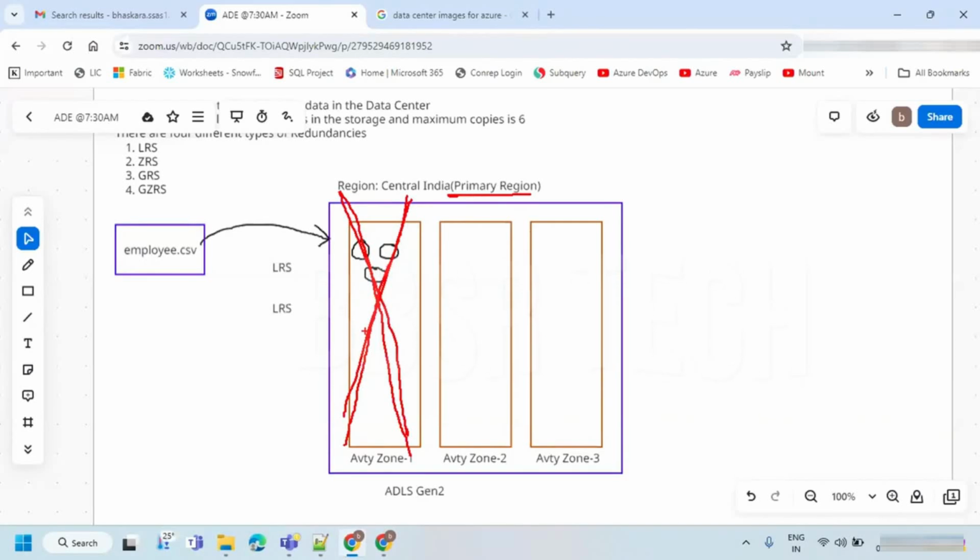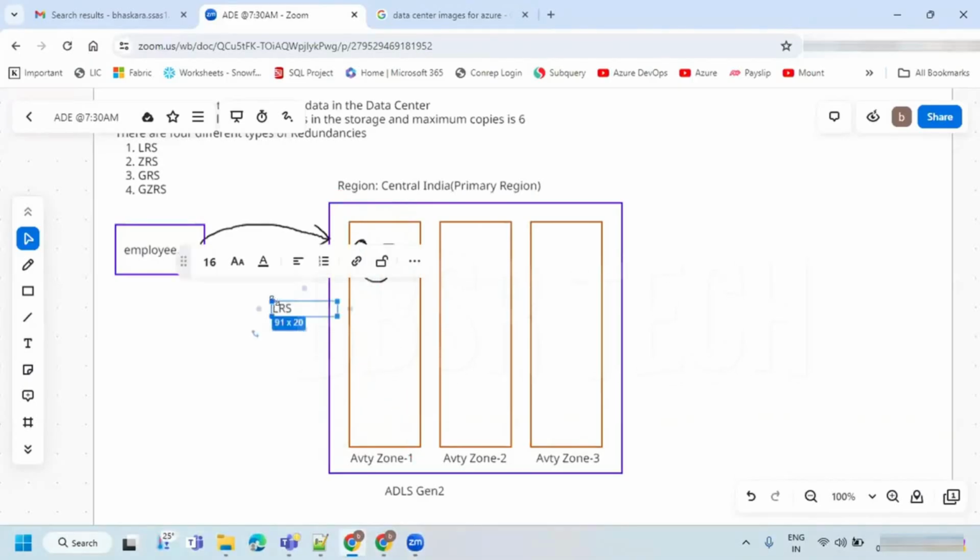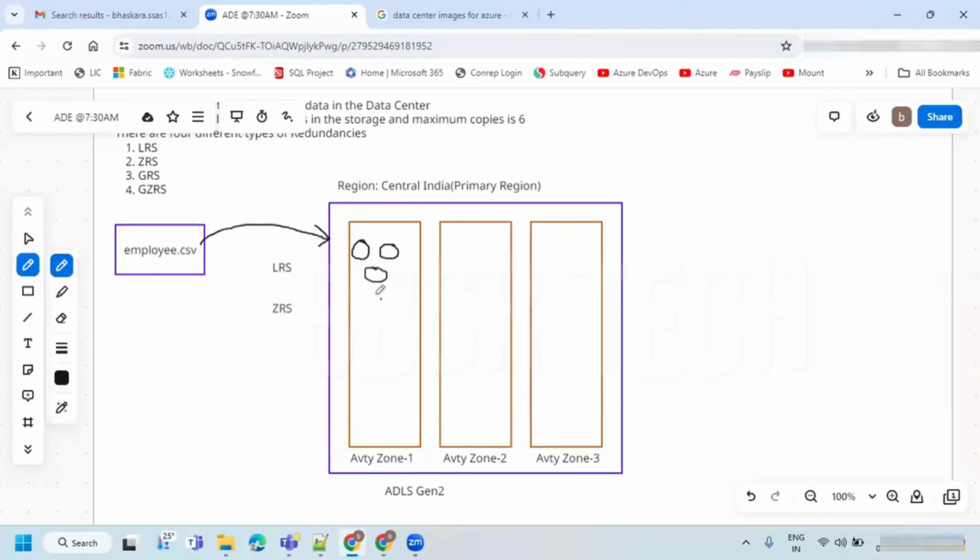So if this is the case, then we can go for a different kind of redundancy, that is ZRS. So in ZRS, you are going to have copies. Here is going to be 1 copy, here is going to be 1 copy, and here also is going to be another copy.